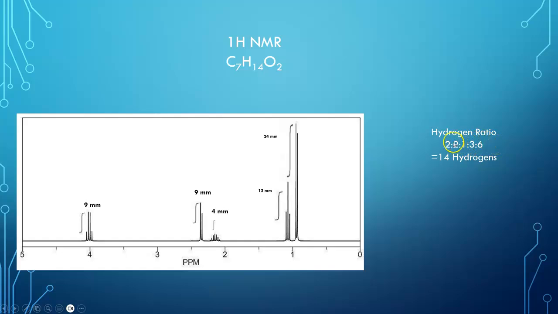And when you add all these up, this equals 14 hydrogens, which means that it matches the number of hydrogens within the molecule. So we're on the right track here.